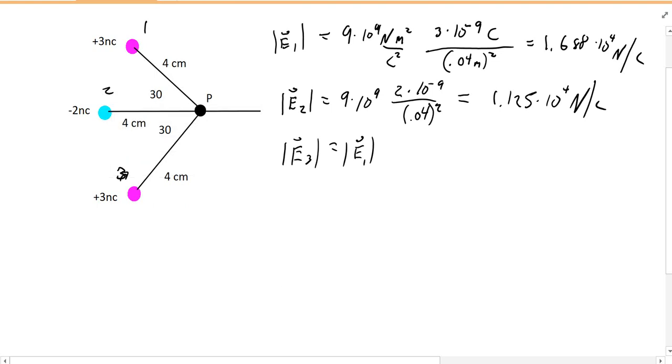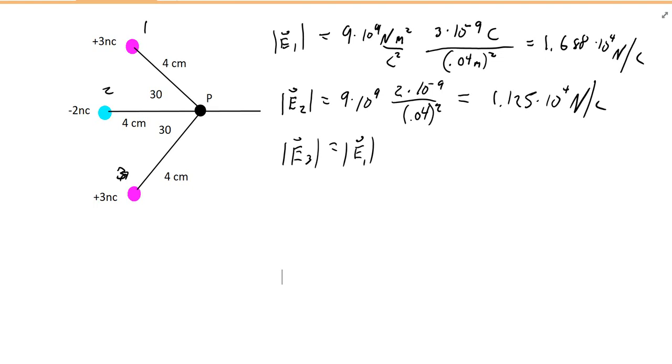So now it's time to worry about the direction. To get the direction, we use the definition of electric field, which is that if you were to put a positive test charge at point P and it experiences an electric force, then the electric field points in the direction of the force that's experienced by that positive charge. So, what would the direction of the electric field due to charge 1 be?